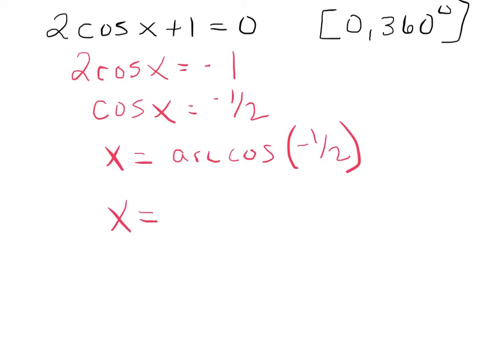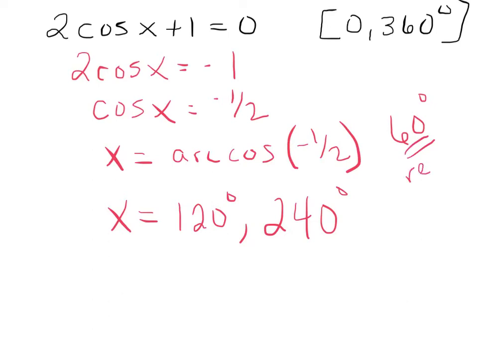It's negative in the second quadrant, which would put us at 120 degrees, and it's also negative in the third quadrant, which would put us at 180 plus the 60, or 240 degrees. Okay? Meaning that the 60 degrees is our reference angle, if you remember those. Okay, it's all referring back to that 60-degree angle.